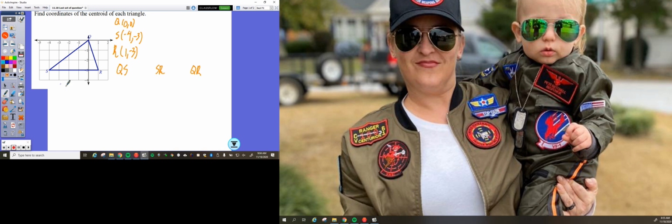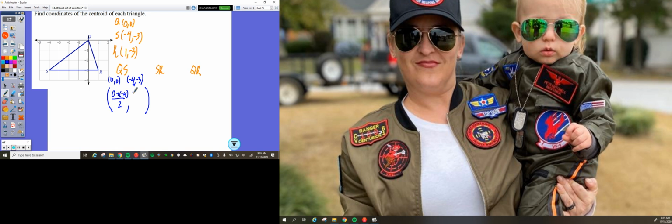I'm going to go back to what we learned before, the midpoint formula. Okay? If Q is 0, 0, and S is -4, -3, then the midpoint formula says add the x values, divide by 2, so 0 plus -4, divide by 2.